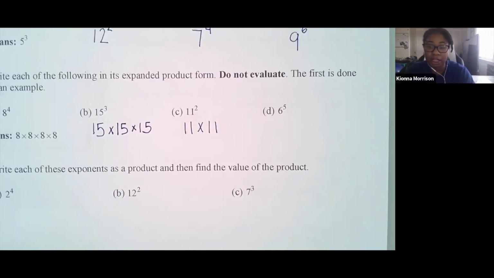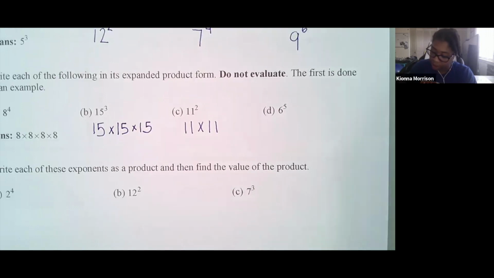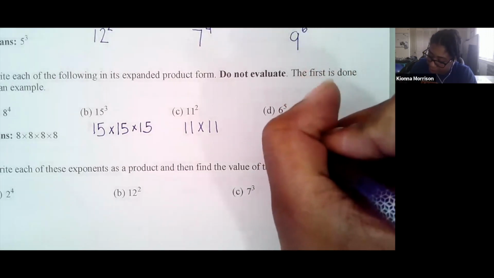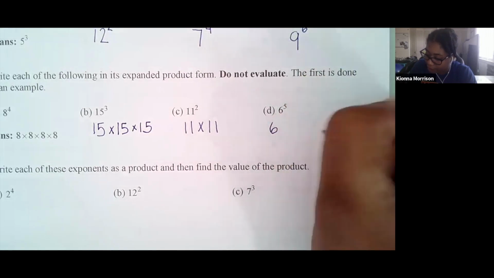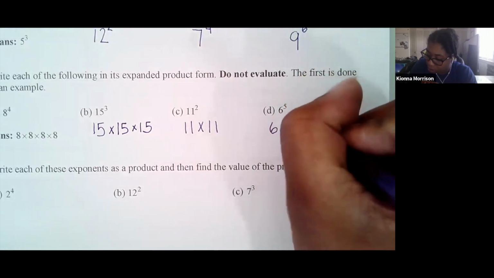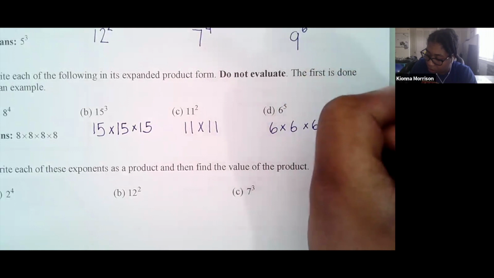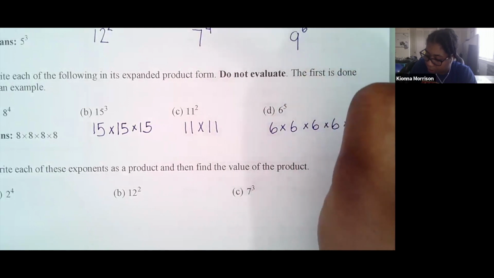Take a moment and try this one on your own. Think to yourself, what's my base, and how many times is that base being repeated? That's right. So my base is 6, and it's being repeated 5 times. So 1, 2, 3, 4, 5.